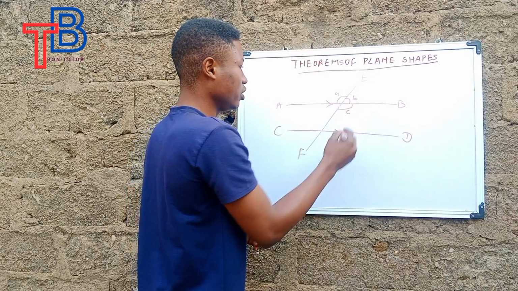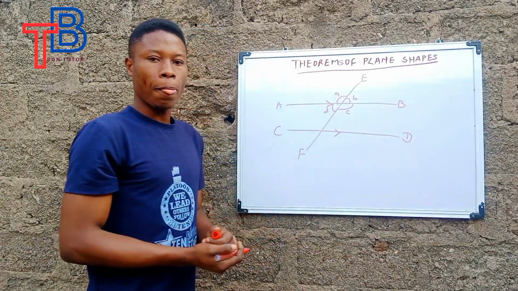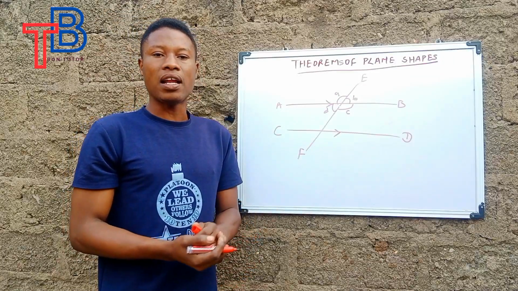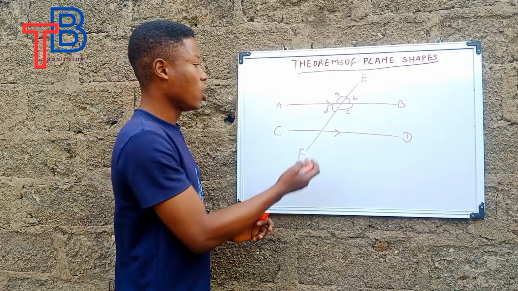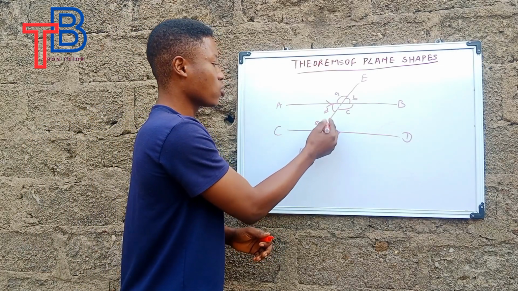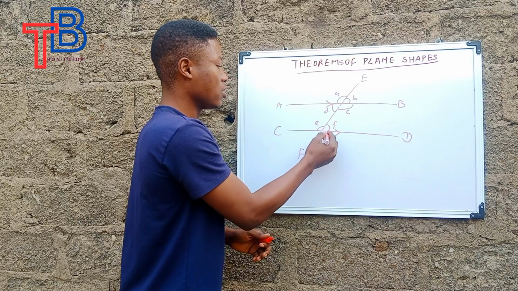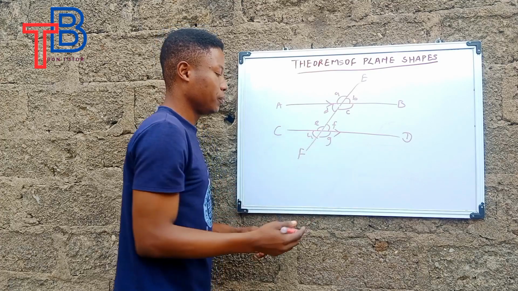Let's call it C. It makes an angle here also. Let's call it D. And if you come to the second parallel line, it also makes some angles with it. Let's call this one E. Let's call this one F. Let's call this one G. And let's call this one H.